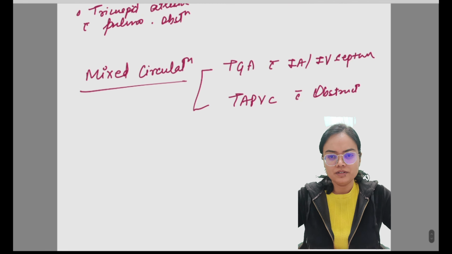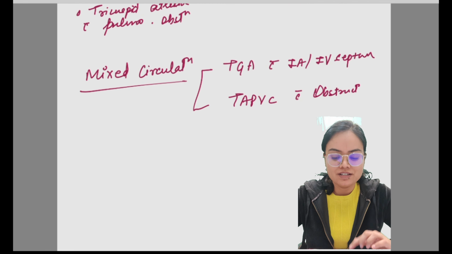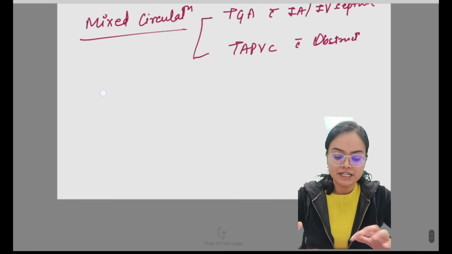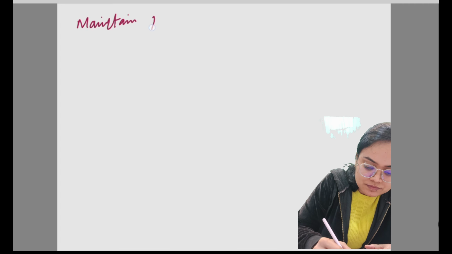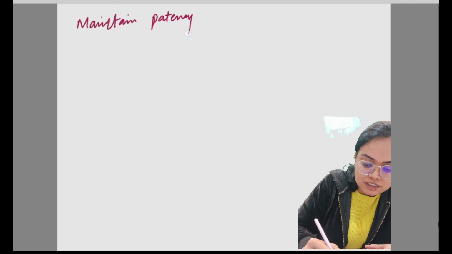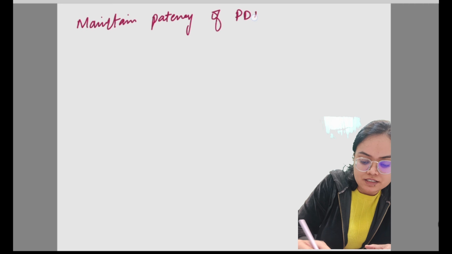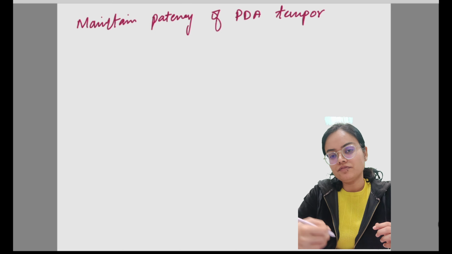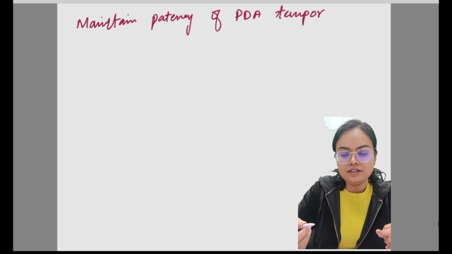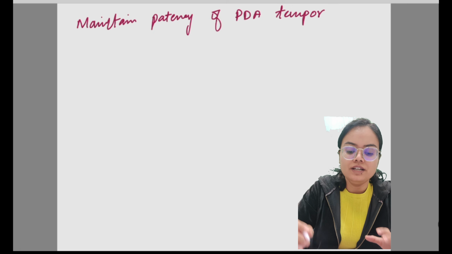Then a common next step is how do we maintain the PDA patency, because physiological closure occurs within 10 to 15 hours. To maintain the patency temporarily, because the definitive treatment is surgery.